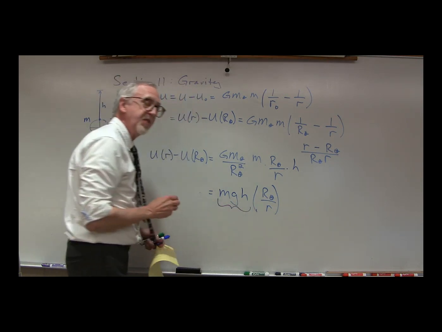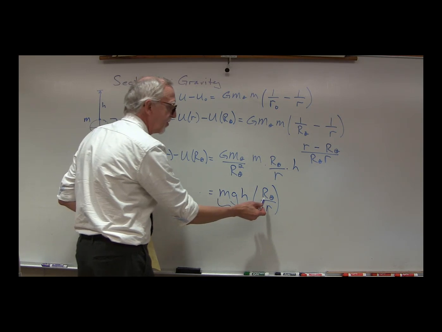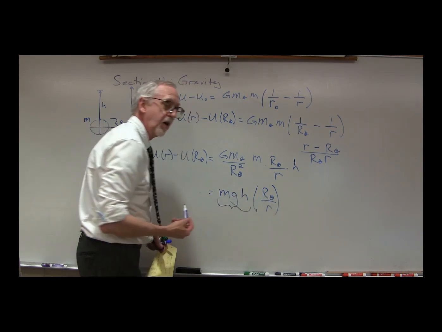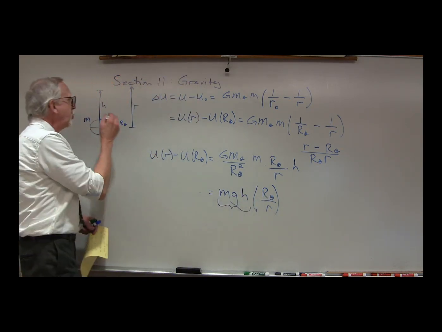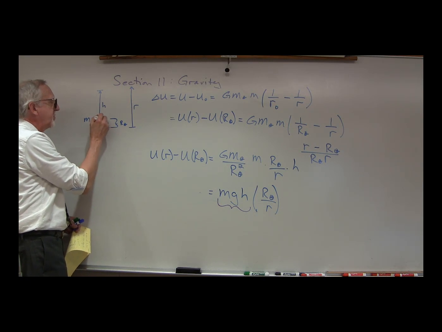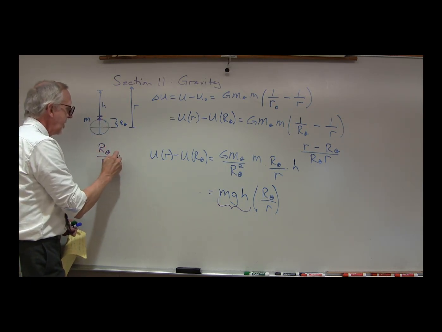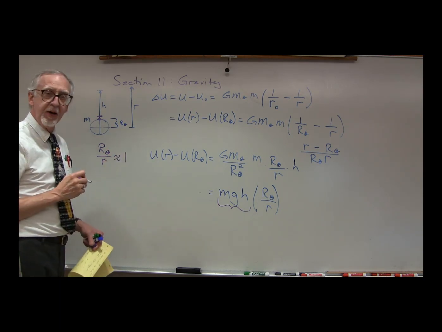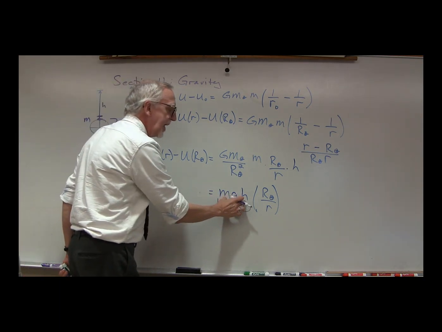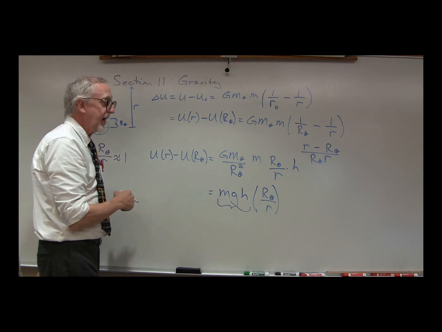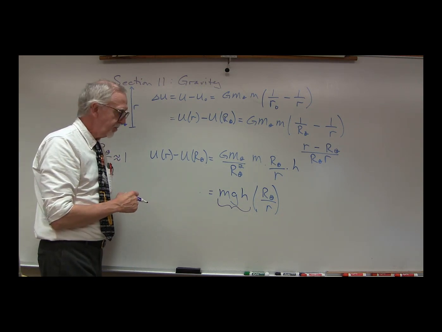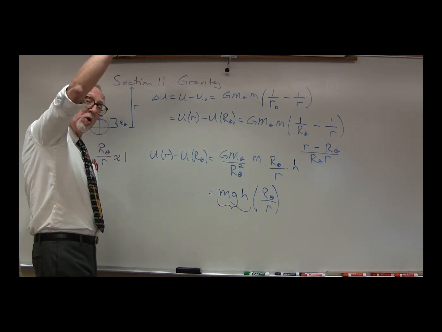But it's not the complete form, because there's also a factor of r Earth over r. When we stay close to the surface of the Earth, so that r Earth over r is approximately equal to 1, then we get a potential energy that looks like mgh. Very good. But what happens when we go higher?